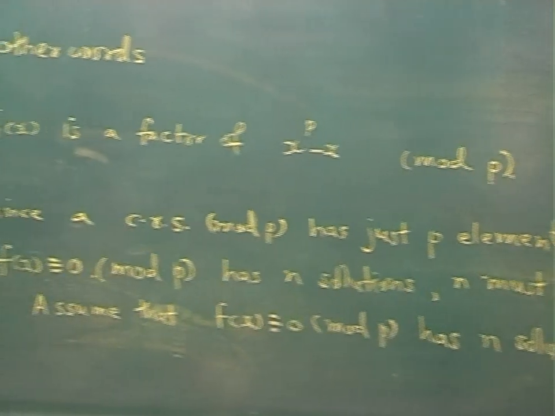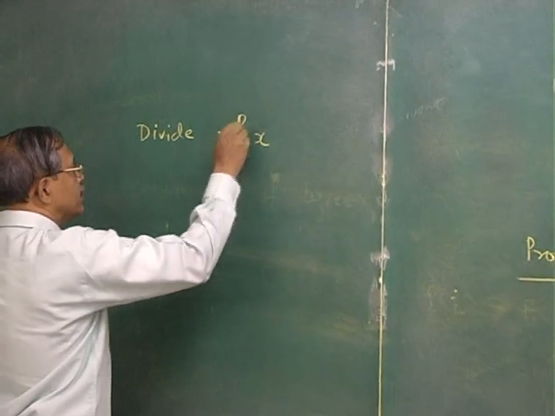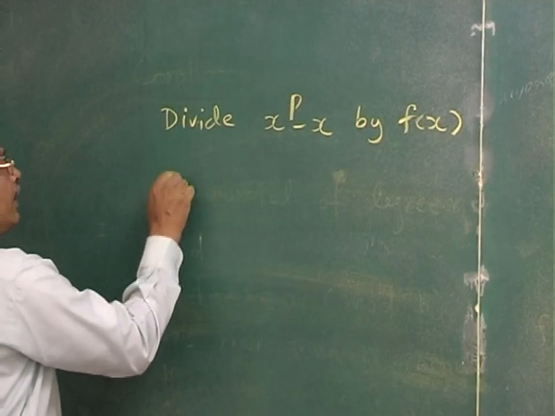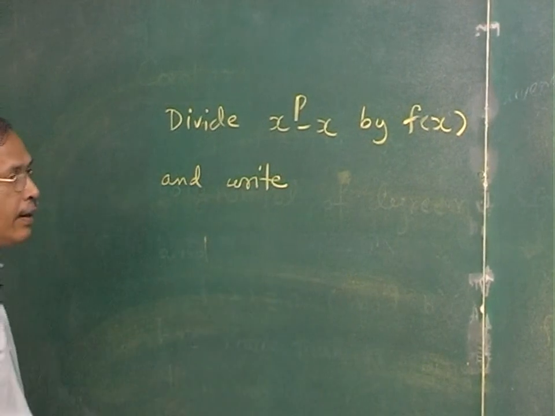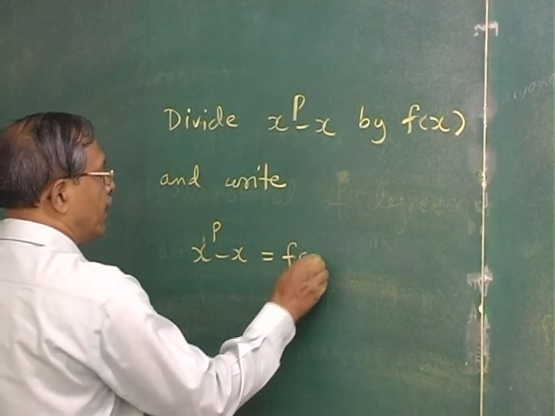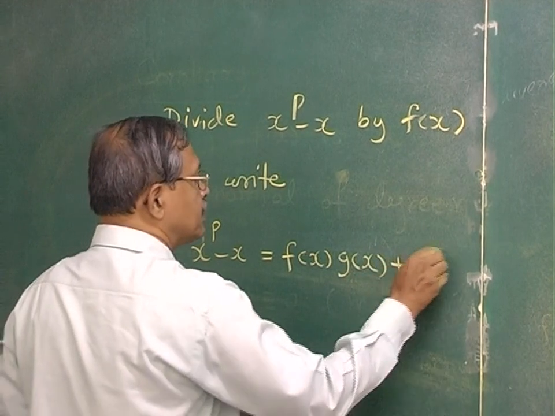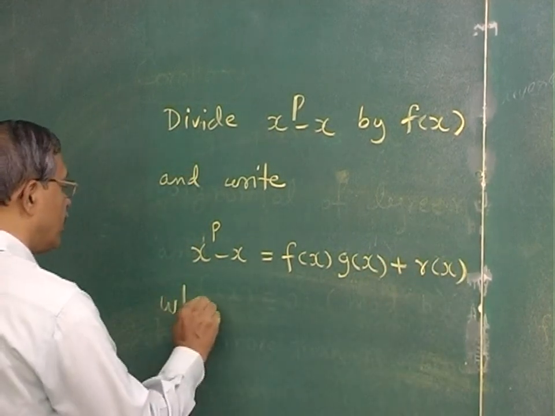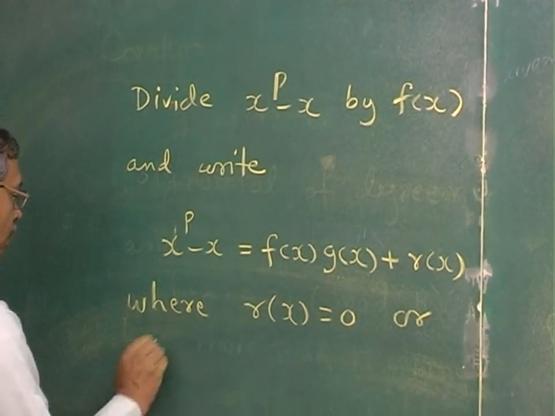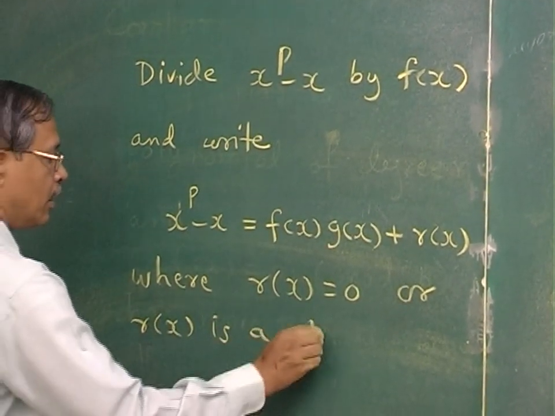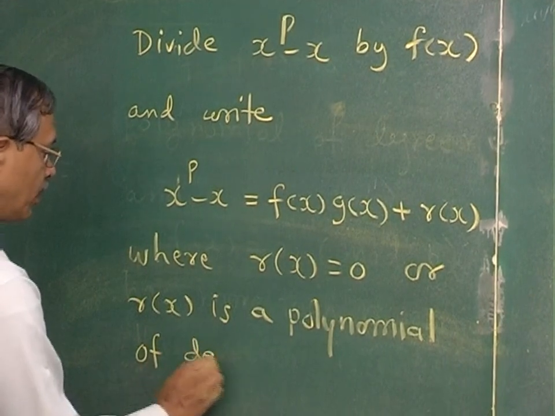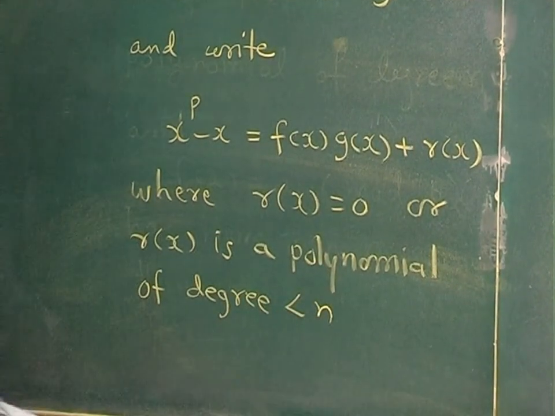Divide x raised to P minus x by f(x) and write x raised to P minus x equal to f(x) g(x) plus r(x), where r(x) equals 0 or r(x) is a polynomial of degree less than n.